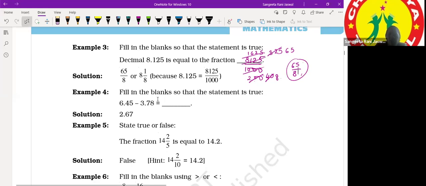Okay, see the next. Fill in the blank so that the statement is true. Just do the subtraction. 6.245 minus 3.78 quickly. These are small questions.